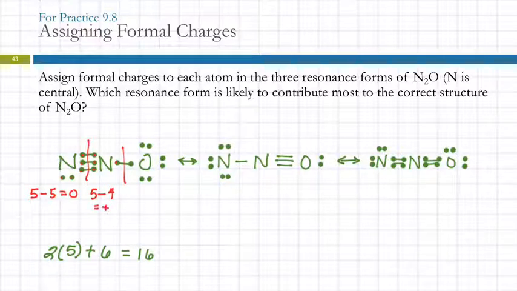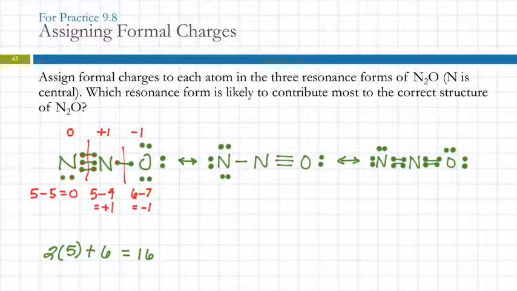So that's positive 1. And oxygen over here, oxygen brings 6, and here it's leaving with 7. So that's negative 1. So we've got 0, plus 1, and negative 1. Maybe I'll write those up here so we can see them better. 0, plus 1, and negative 1.